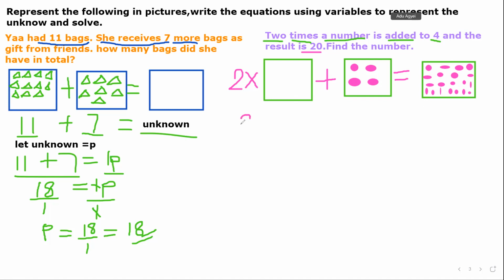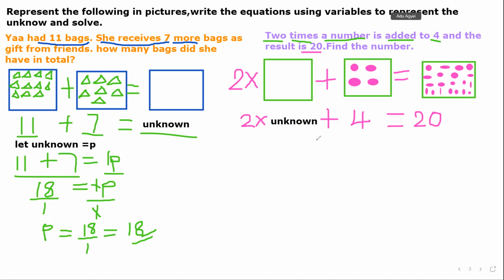We have 2 times some number that we don't know. So here will be the unknown, plus 4, equal to 20.